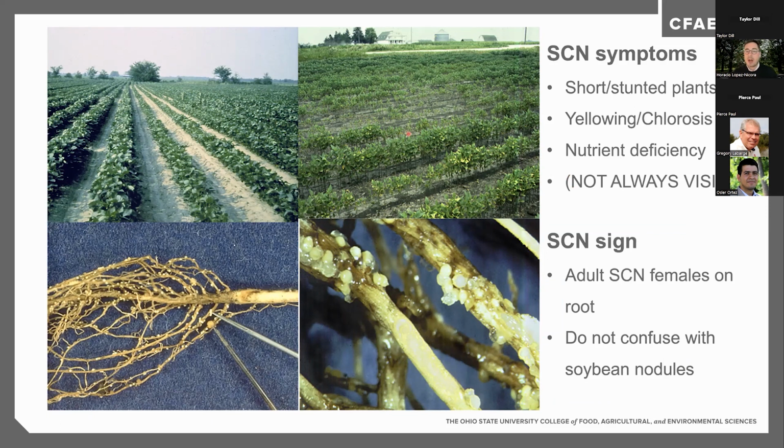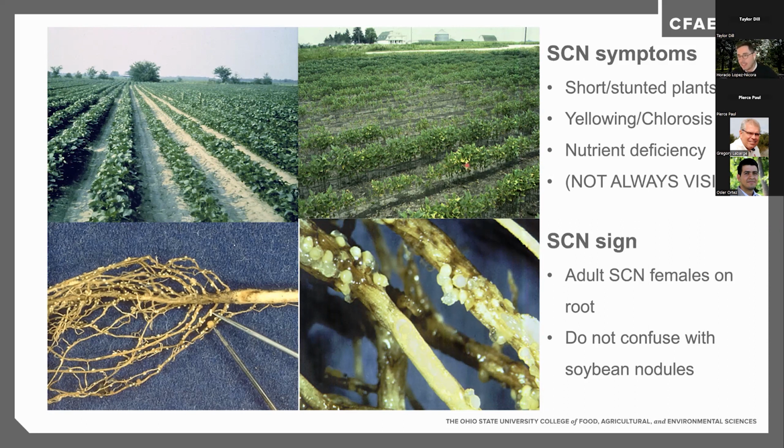When there are other pathogens, such as the fungus that causes SDS, in the presence of the nematode, we will see more SDS symptoms. Take nutrient deficiency: we will see marginal chlorosis associated with potassium deficiency, and this will happen more severely when we have more soybean cyst nematode.